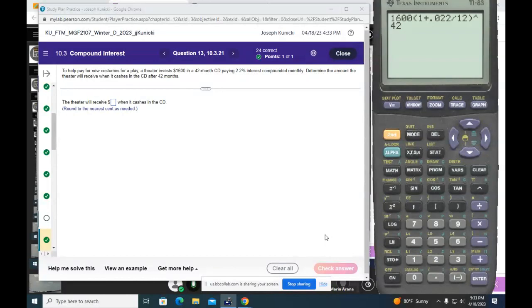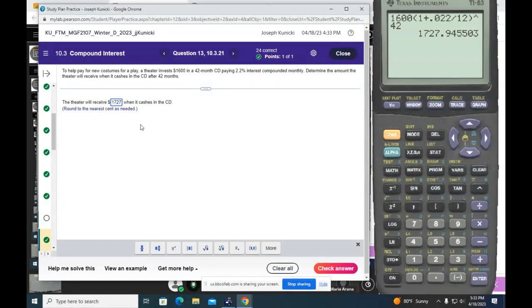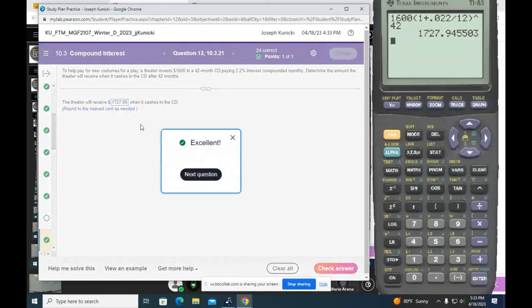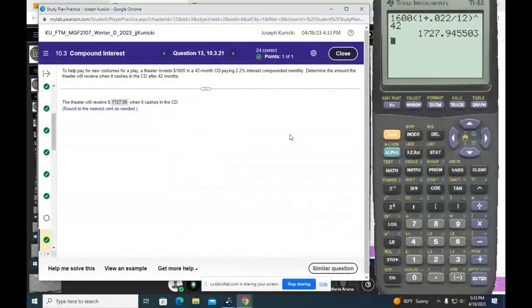It says 42 months. Right. So the number of compoundings is what goes in the exponent, so that's 42. So we'll have $1,727.95. That's a little more realistic in the sense that you could see somebody leaving something for 3.5 years or so.